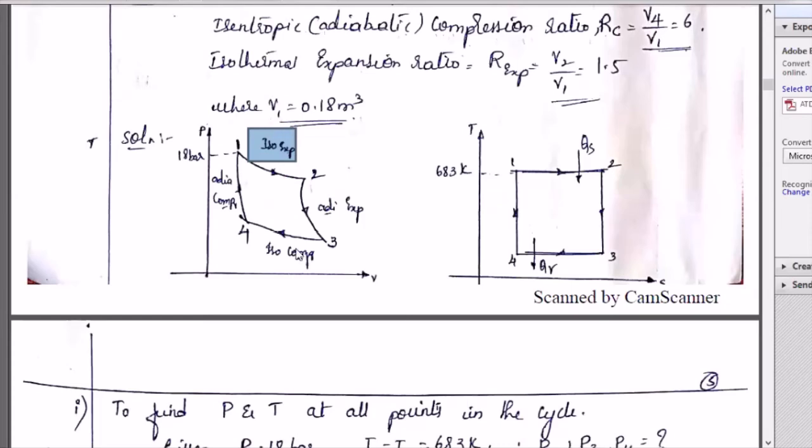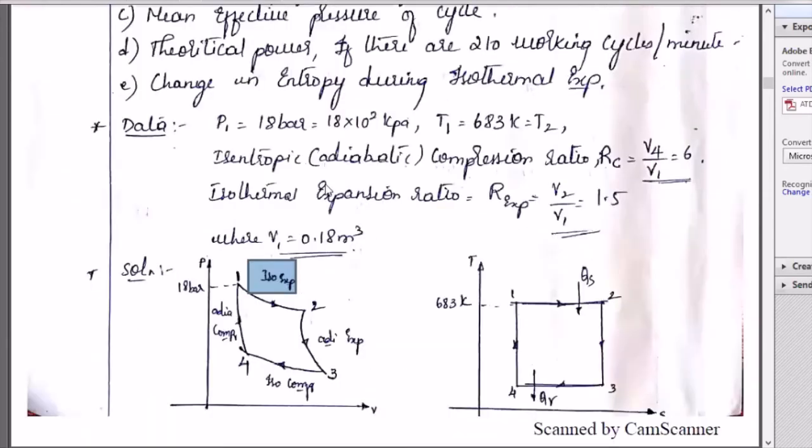So both ratios we have to write down. How do you write it down? Check out the data, how we have written: isentropic compression ratio, that is Rc, is V4 by V1, and isothermal expansion ratio, R expansion, is V2 by V1.